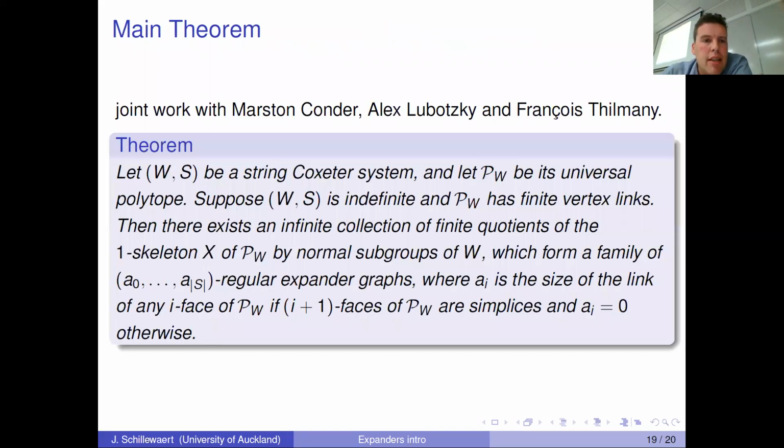And the answer is yes. So earlier this year, before the corona struck very hard, we had Alex Lubotsky visiting us, so one of the world leading mathematicians, and together with Marston Condor, who's also here at Auckland, and François Tilmany from UC Louvain, we were able to answer this question in the positive. And this slide will not be very informative if you don't know anything about Coxeter systems.